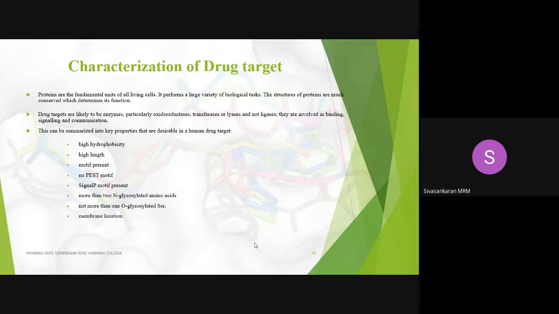These are motifs which should be present in the particular proteins chosen as a drug target, and a signal protein motif also should be present. More than 2 N-glycosylated amino acids should be there, not more than 1 O-glycosylated serine, and the membrane location should be specific. These are the factors we need to identify for the drug target of a particular protein.